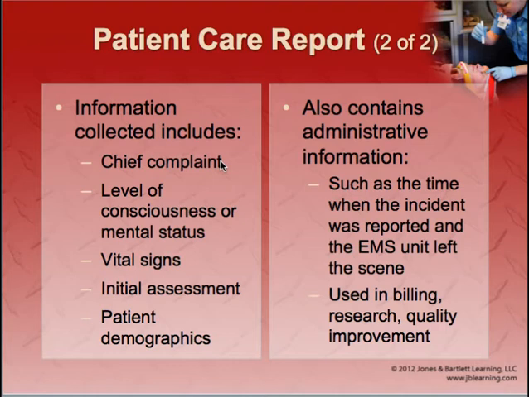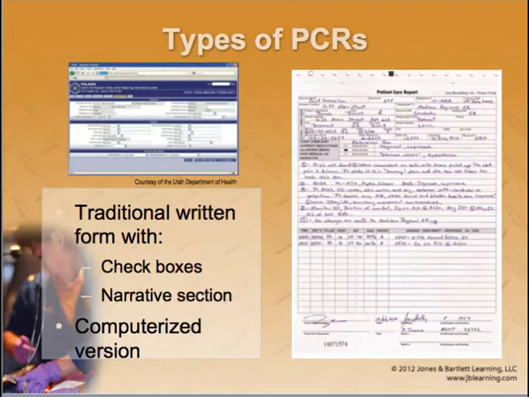Additionally, the PCR also contains administrative information, such as the time the incident was reported and the EMS left the scene, and has billing and research and quality improvement information.